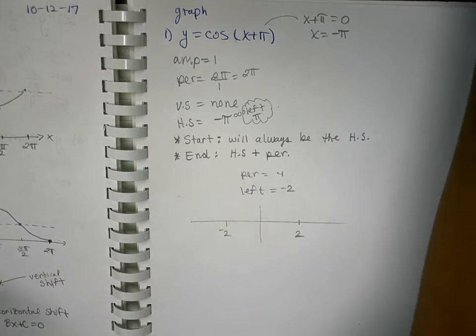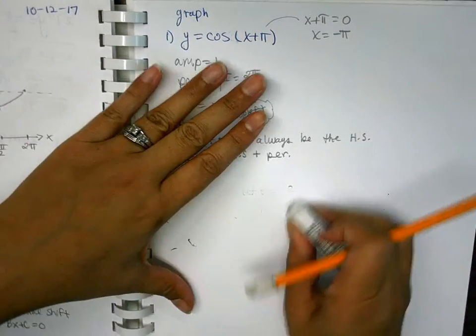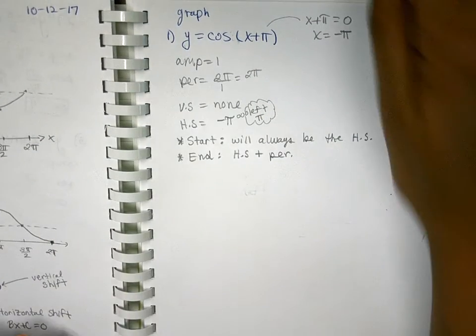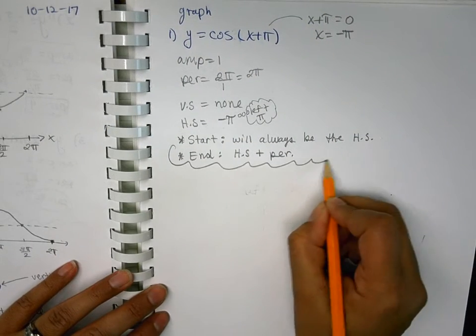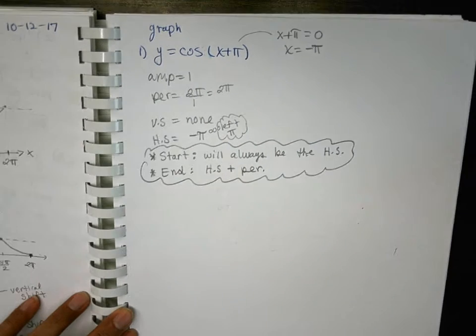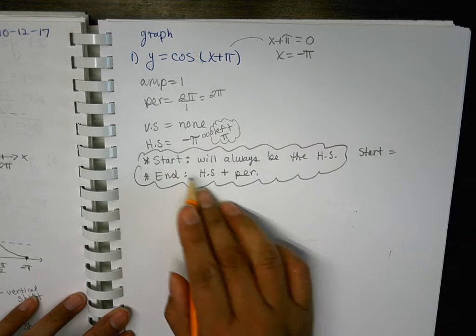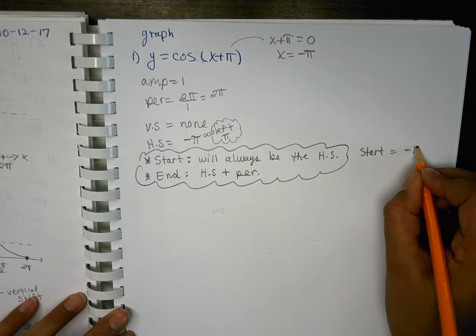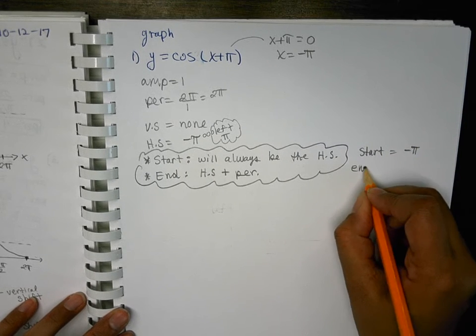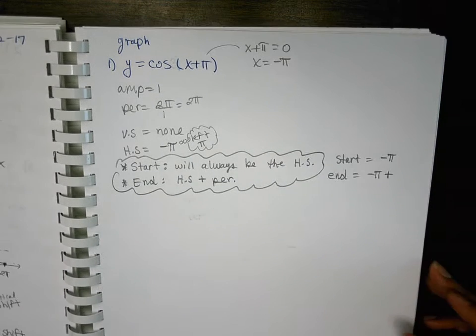All right, so let's try it. I'm going to bubble this in really quick because this is really big key information. Where do we start on this one? What is my start? -pi. And my end is I take my starting point, which is -pi, and what do I add to it? 2 pi.